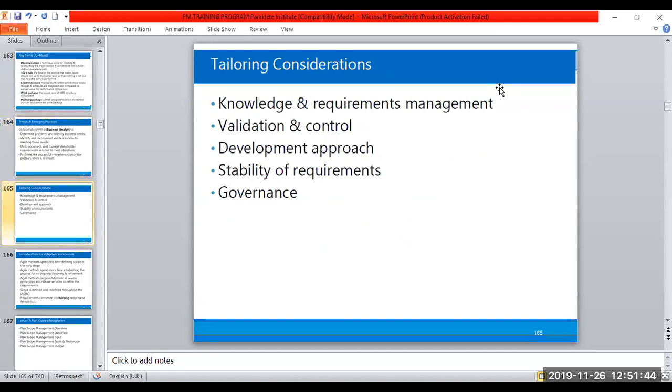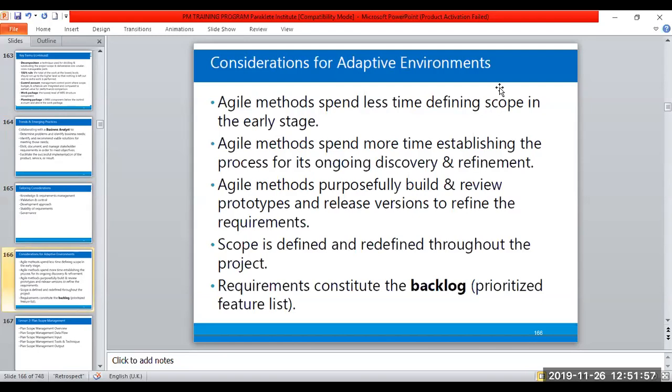Tailoring considerations in this chapter would involve knowledge and requirement management, validation and control, development approach, stability of requirements, governance. All right, so the next thing we look at would be considerations for adaptive environments.